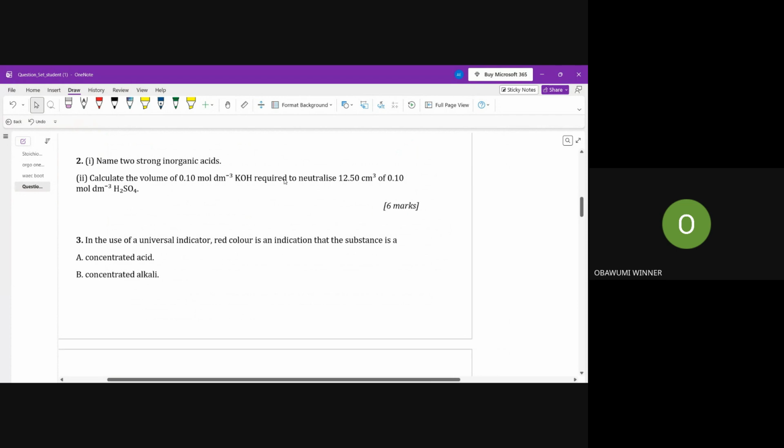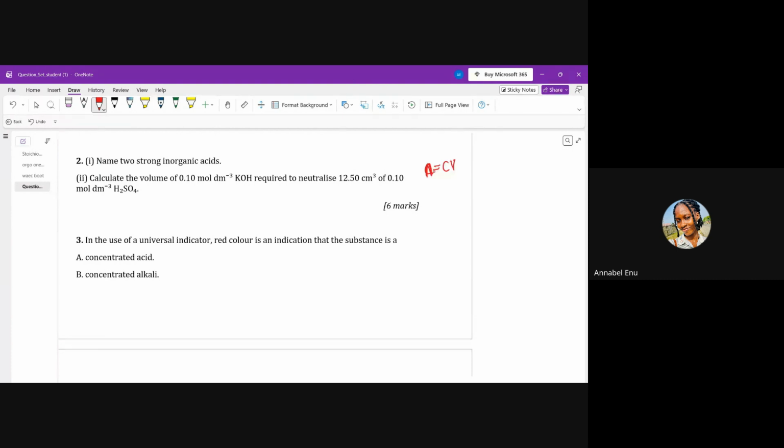And when we see questions like this, the formula for titration should be what comes to mind. So the major formula we use is CAVA over CBVB equals the mole ratio, or CV.